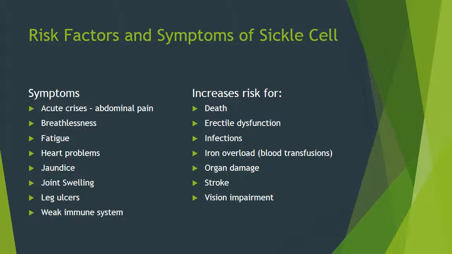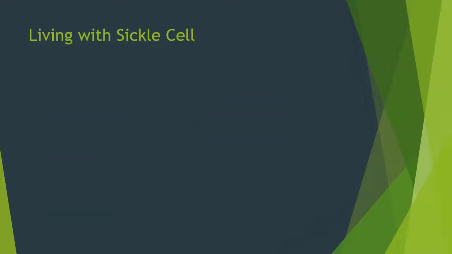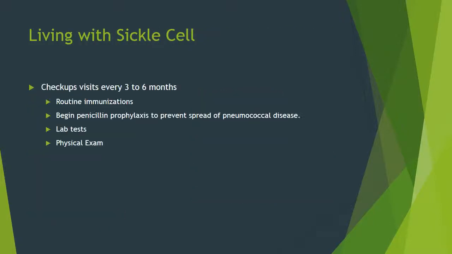Typically, a person who is currently living with sickle cell goes through checkups every 3 to 6 months, where they will have routine immunizations. They begin penicillin prophylaxis to prevent the spread of pneumococcal disease, and they generally have extensive lab tests and a physical exam.